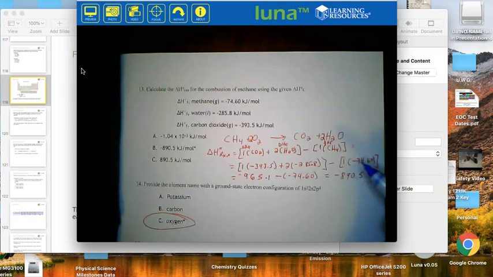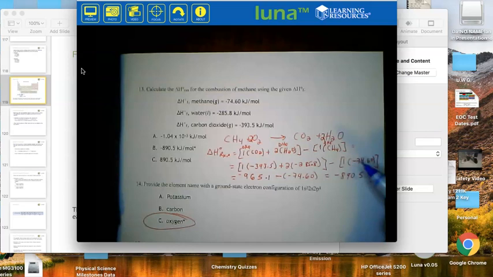So you use the products first, right? It's going to be 1 times the standard enthalpy of formation of CO2 plus 2 times the standard enthalpy of formation of H2O. So products minus the reactants. Here oxygen is just going to be 0. Methane is going to be 1 times the standard enthalpy of formation for methane.